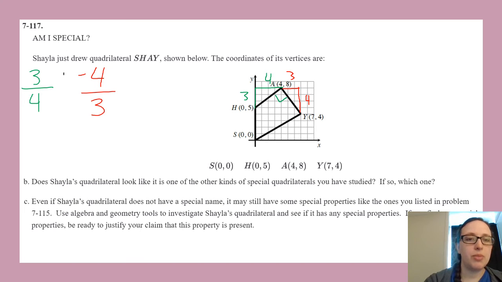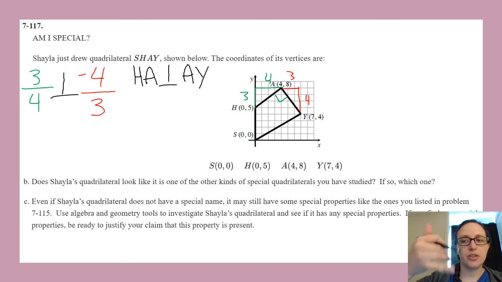Those would be perpendicular to each other. So this means that HA is perpendicular to AY because those slopes are opposites, positive and negative, and reciprocal, so they're just flipped. All right, and then finding the length of HA and AY.